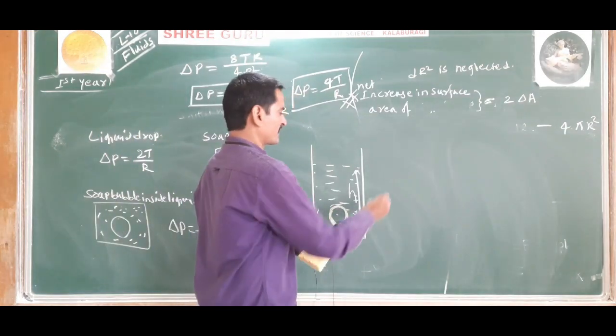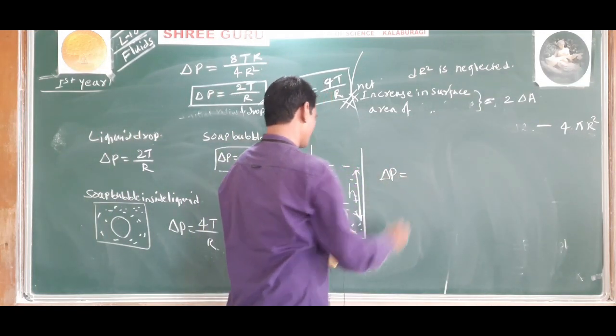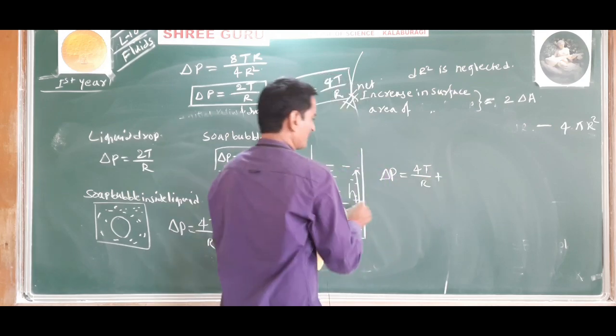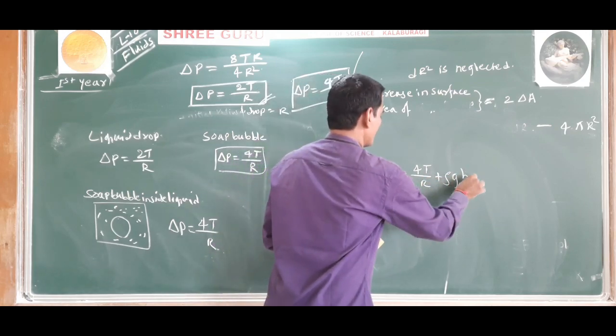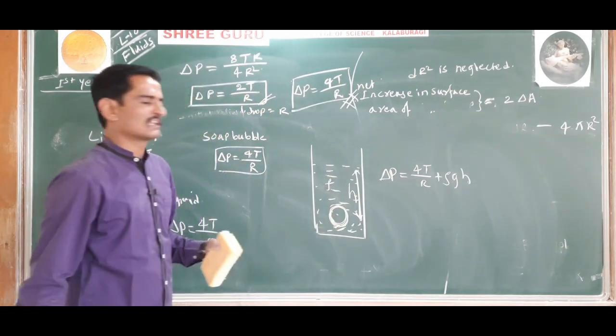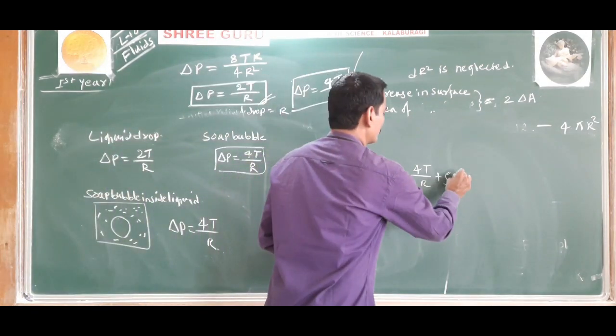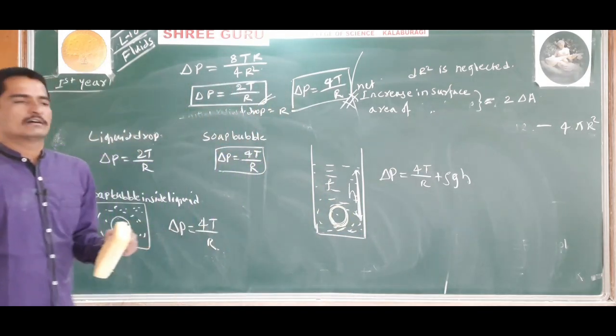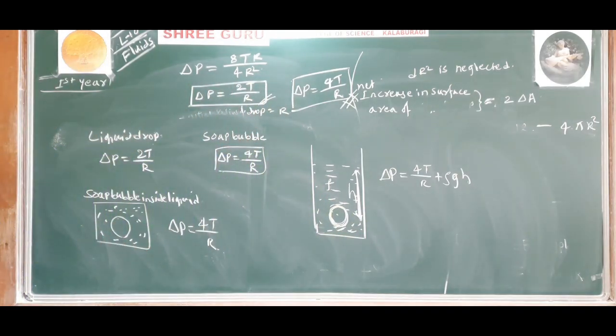Then the excess of pressure is given by 4T divided by R plus rho gh. Rho is the density of the liquid, g is acceleration due to gravity, and h is the height of the liquid above the soap bubble. Understood?